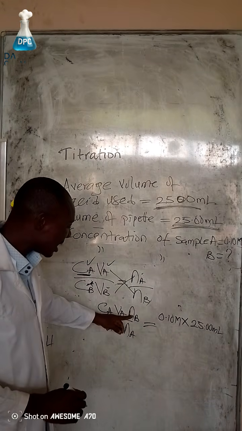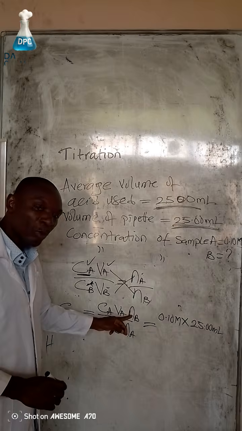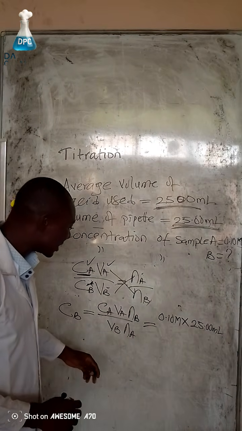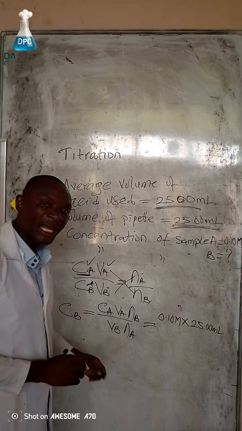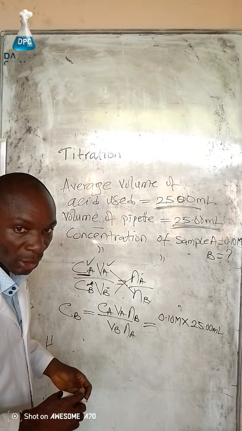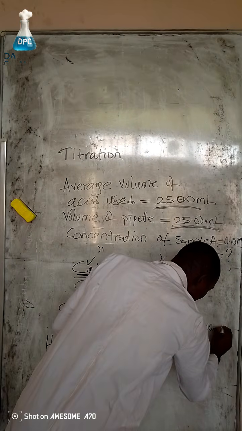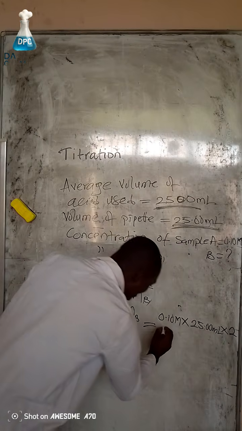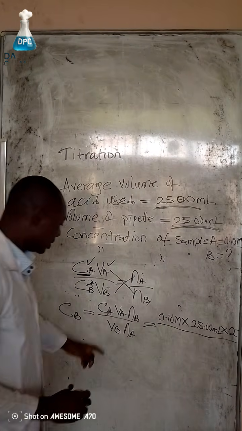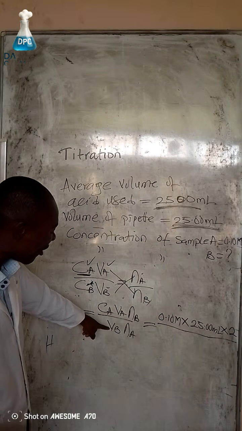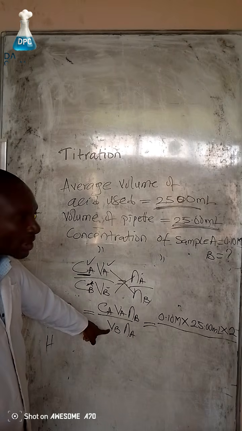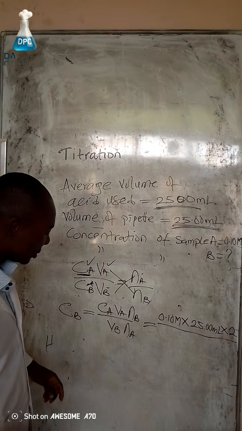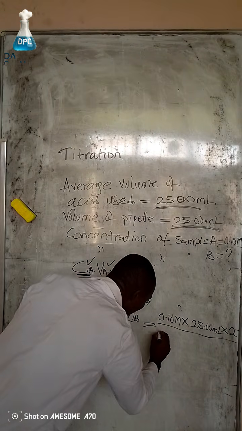Now what is the mole ratio of the base, which is NB? We have said in the balanced chemical equation that it was equal to 2. So we now say times 2. Now all over, we come to the volume of base, volume of solution B, which is the volume of pipette used, which is 25 ml.